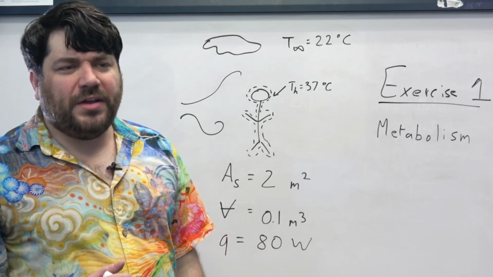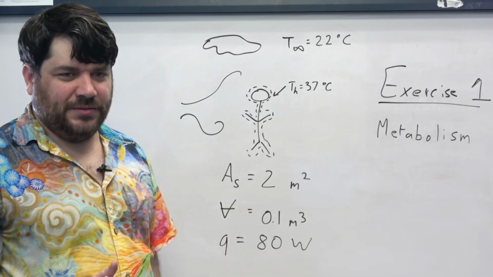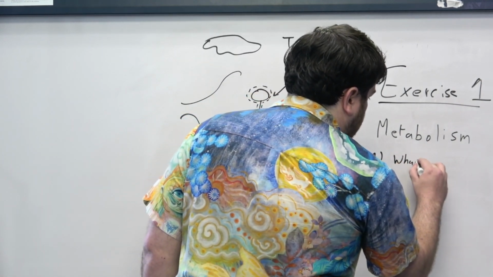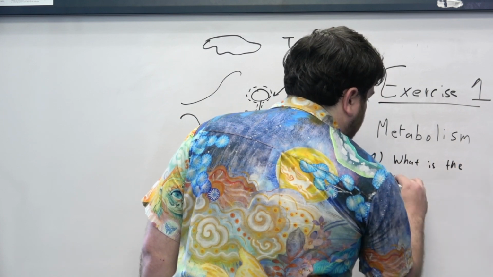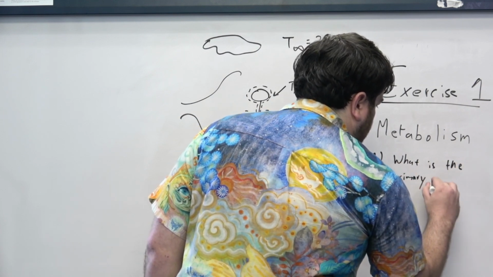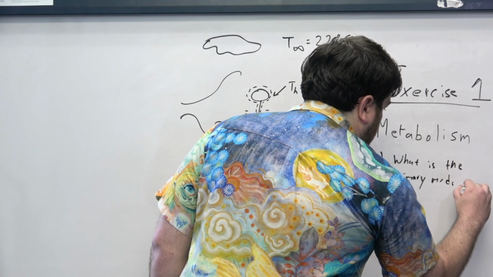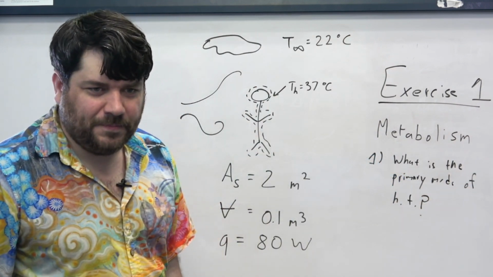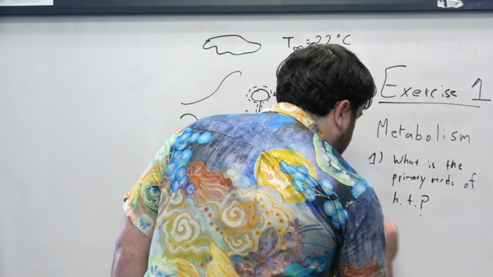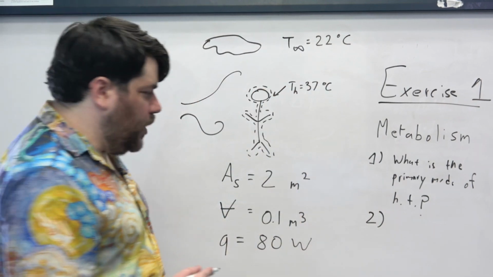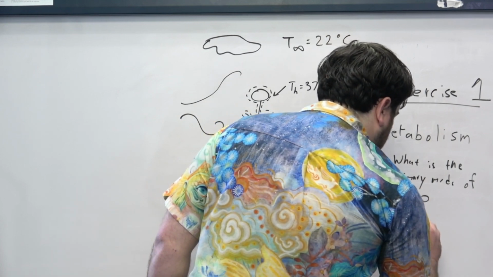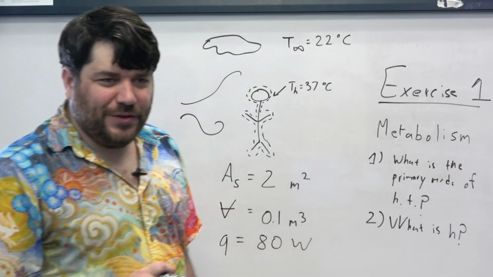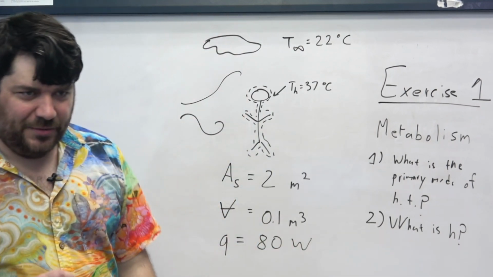So the questions that we can ask ourselves here are the following. 1, what is the primary mode of heat transfer? That's question 1. Question 2 is, what is the heat transfer coefficient between the human body and the environment?